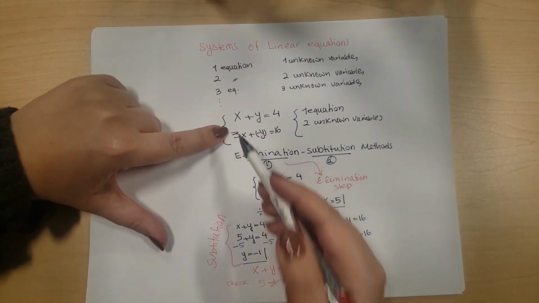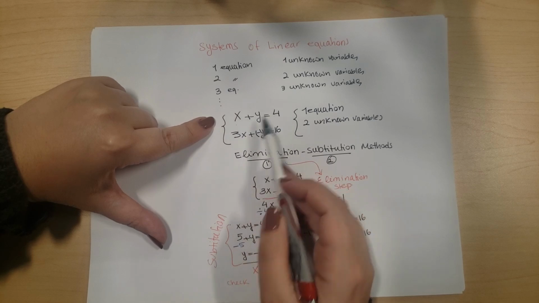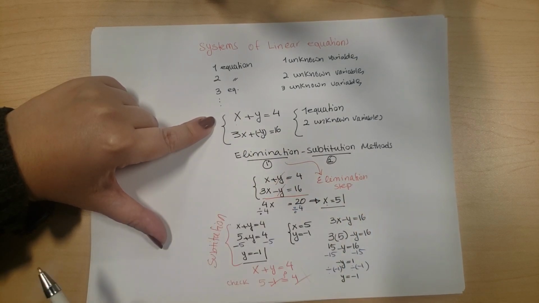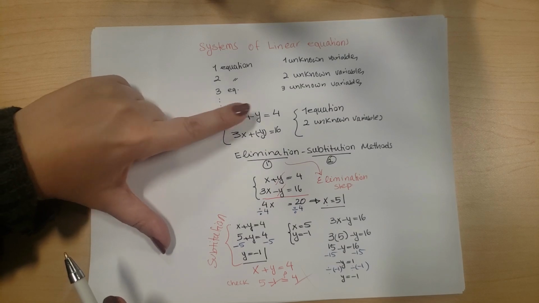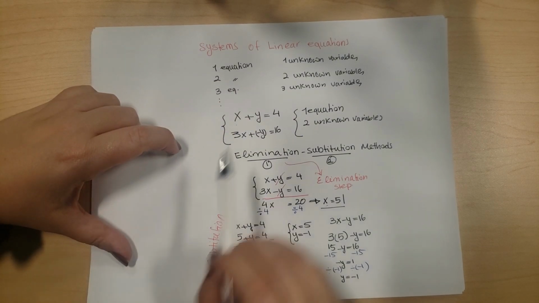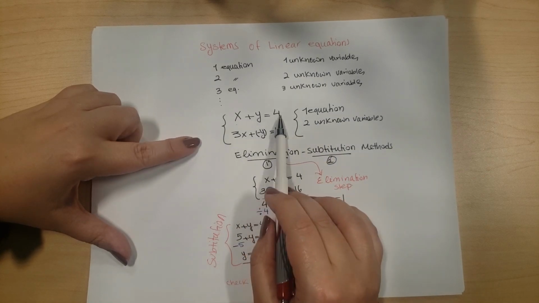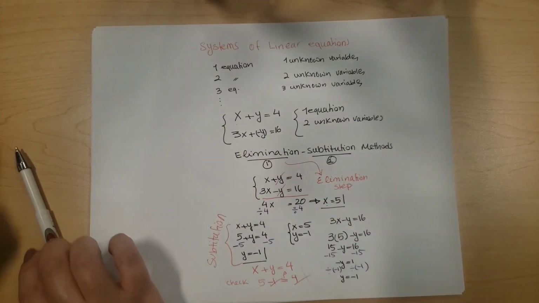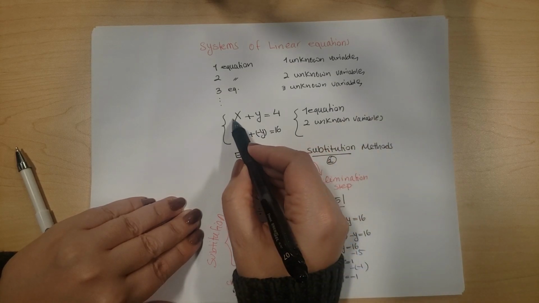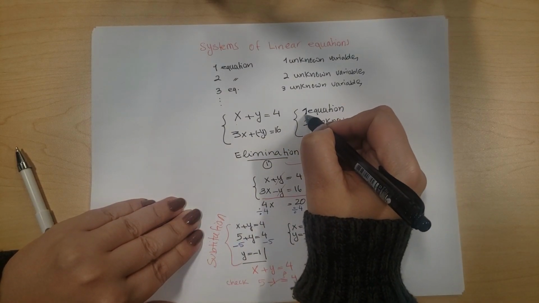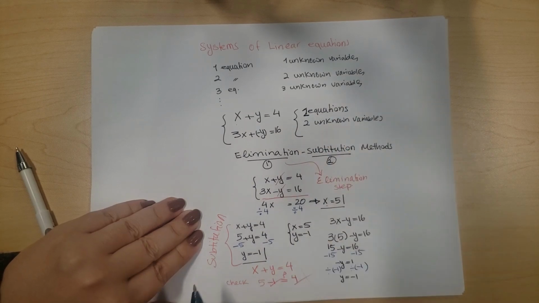Let's say here I have 2 equations, equation number 1, equation number 2, in terms of x and y, 2 unknown variables. So 2 equations, 2 unknown variables.